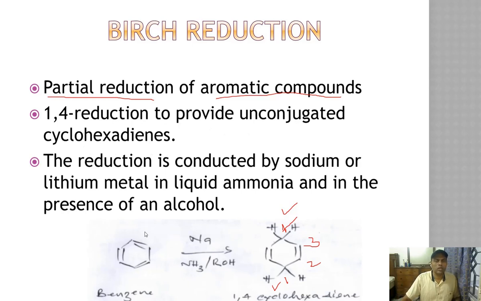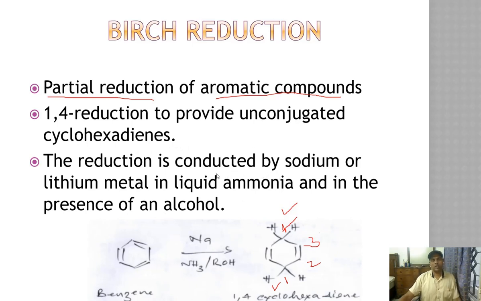So this is a conjugated diene. Conjugated means the double bonds are one after another. So those are conjugated dienes. Unconjugated means there is interruption in between. They are not in sequence. So you're going to get unconjugated cyclohexadiene.